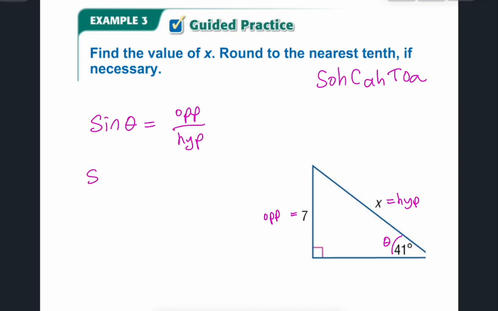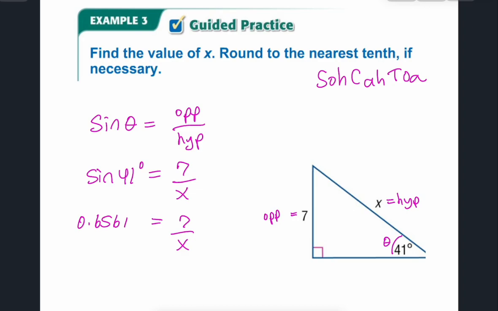So the sine of 41 is opposite over hypotenuse. Now, the sine of 41, if we put it into our calculator, make sure it's in degree mode, let's take it out 4 or 5 decimal places. That's 0.6561.